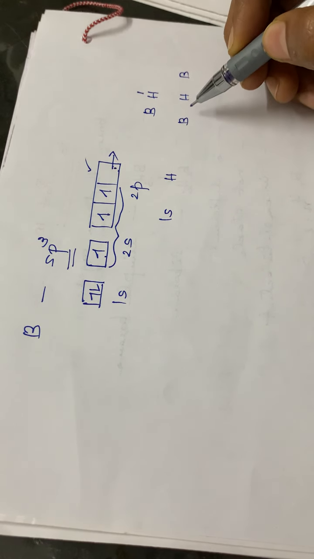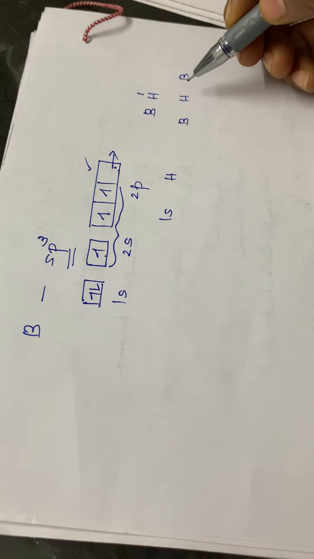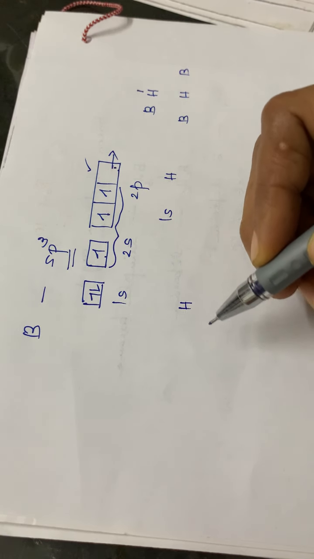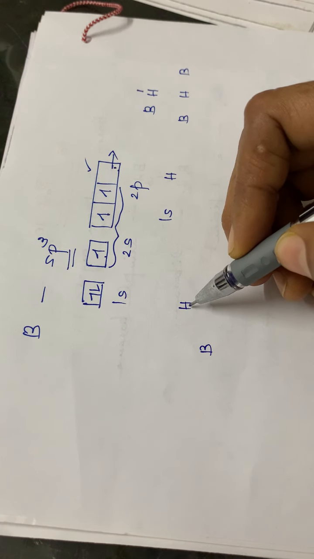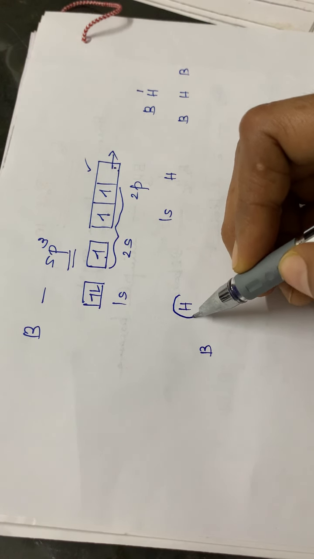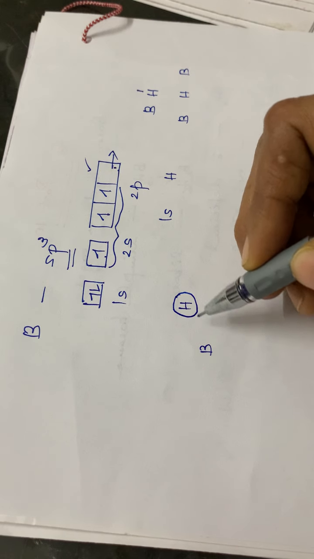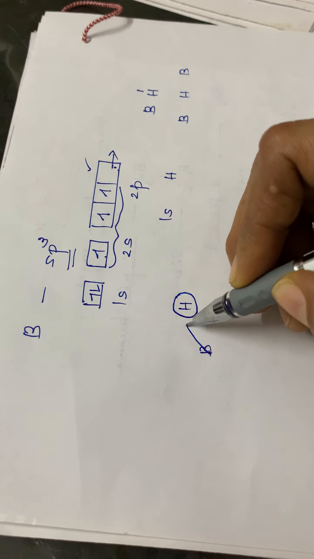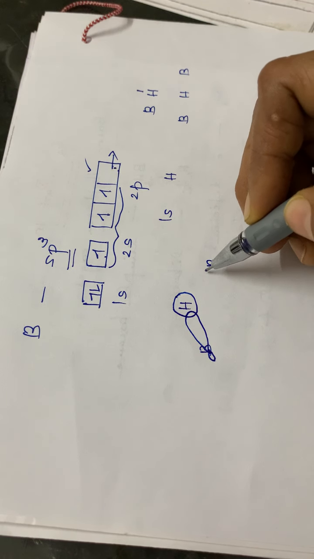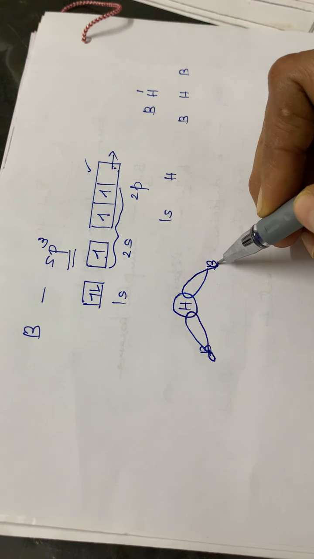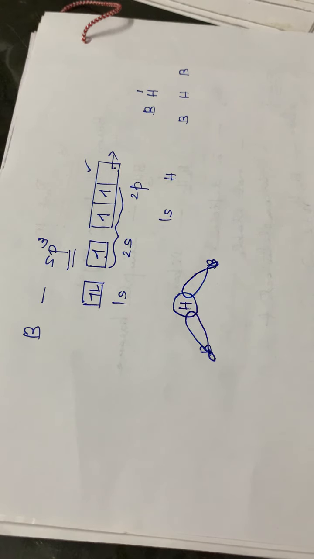This is 1 electron from the boron and 1 electron from the hydrogen. It will be these 2 boron atoms sharing electrons from this hydrogen atom. Okay, so this is the hydrogen atom, and this is the boron atom, and this is the hybrid orbital. This is the next boron atom, and this will be sharing the electron from the hydrogen atom.